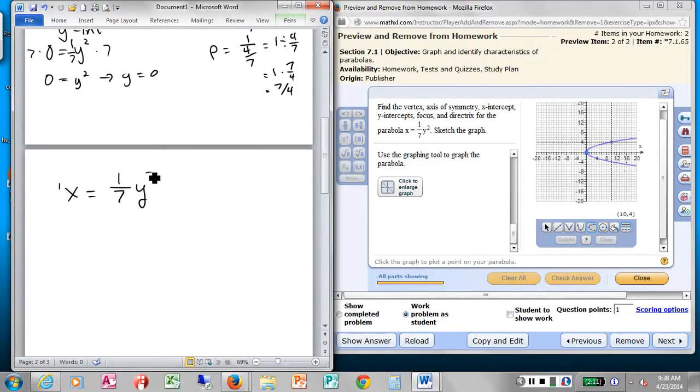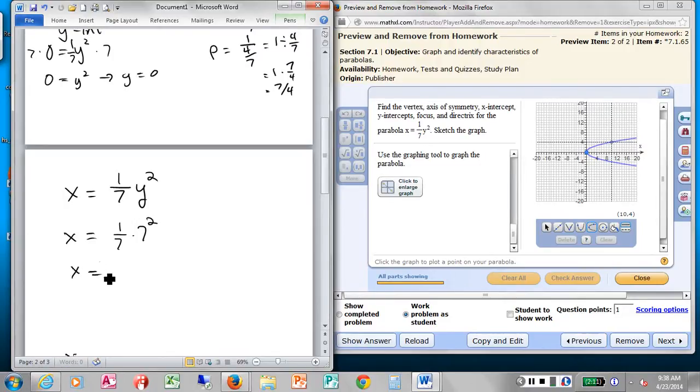And so looking at this equation, since that's a 7 denominator there, I'm going to square the y and basically divide it by 7. What if I picked y to be 7 here? So that makes x equals 1/7 times 49.